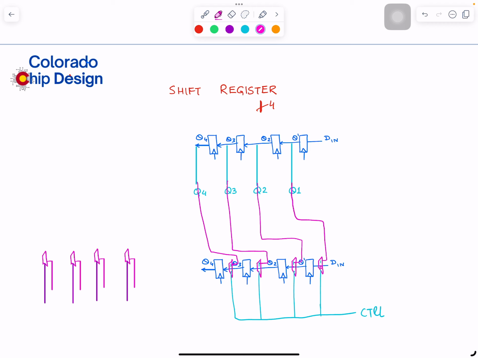When 0, this goes in. Right? So interesting, isn't it? Here is a parallel to serial. Before, we had serial to parallel. So you can play with sequential building blocks for different requirements of your hardware.